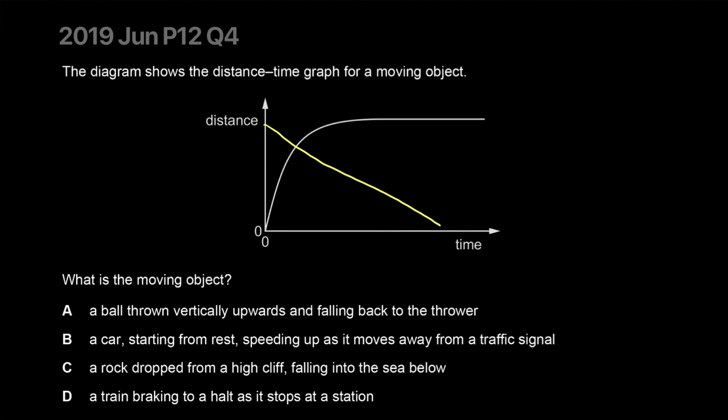A ball thrown vertically upwards and falling back down. That distance should actually be different, because it doesn't highlight that. What's going to happen to the velocity of that ball? Think about it like that. That's easier to explain in a graph.